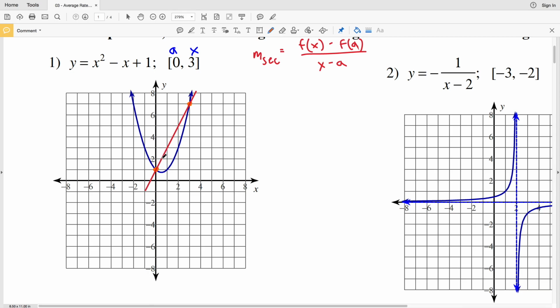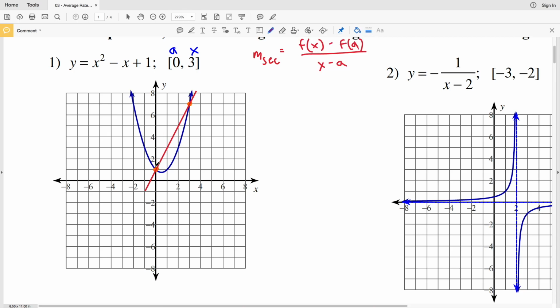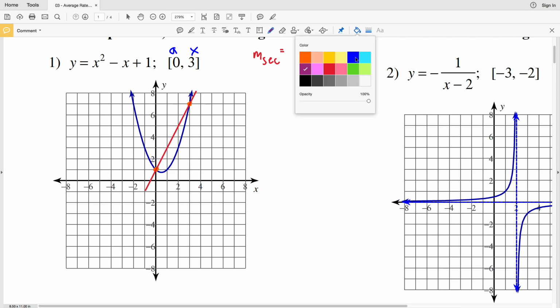And remember, slope is rise over run. So I can calculate this slope just from looking at my secant line. You can see that rise, as we go up 2, we go over 1 in the run. So that's 2 over 1. Again, up 2 over 1 in the run. So our slope is equal to 2.